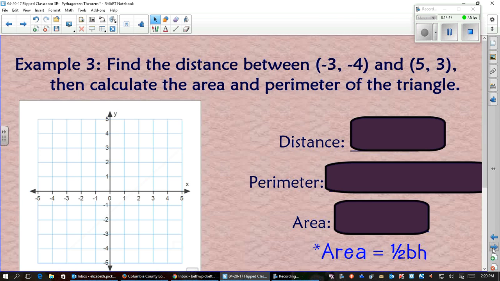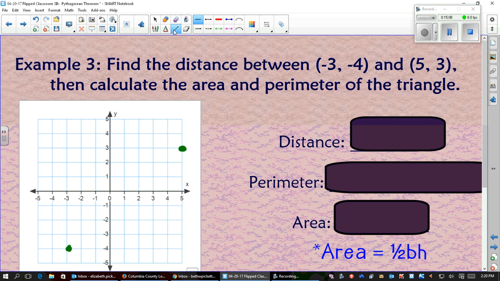Calculate the distance between negative 3, negative 4, and 5, 3, and then tell the area and perimeter of the triangle. We have negative 3, negative 4, and 5, 3. I'm going to calculate the straight line distance by making this into a right triangle.